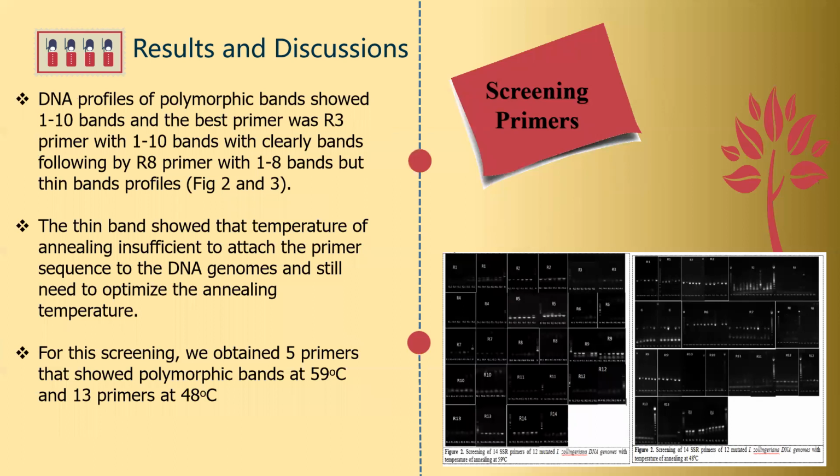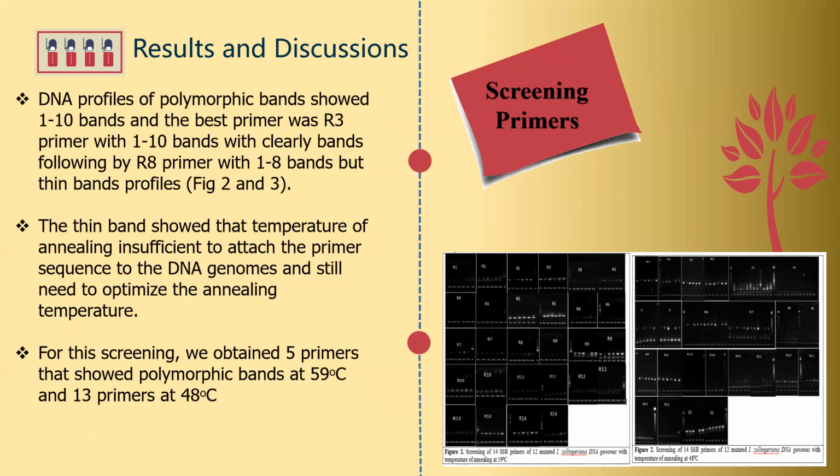DNA profiles of polymorphic bands show 1 to 10 bands, and the best primer was R3, with 1 to 10 clear bands, followed by the R8 primer with 1 to 8 bands, but with thin band profiles.